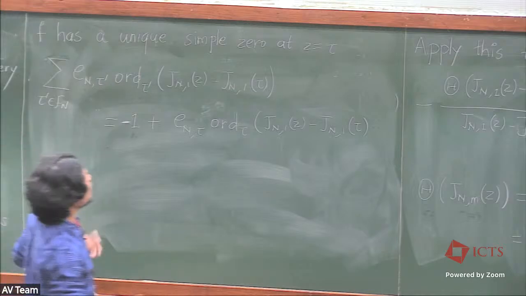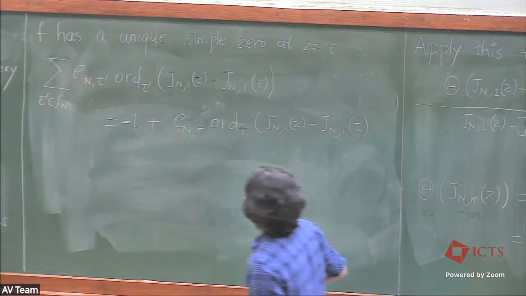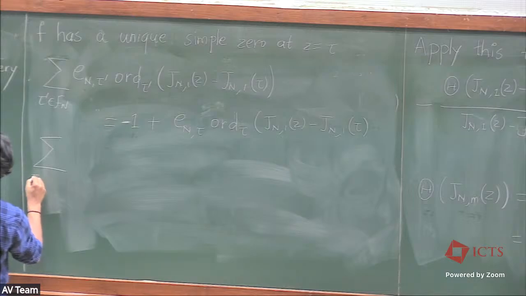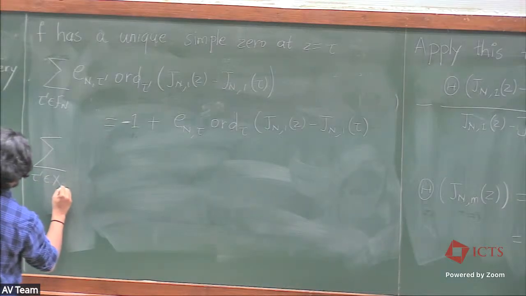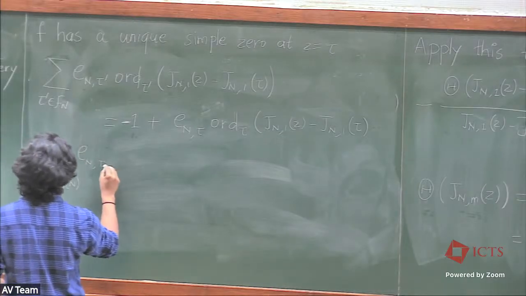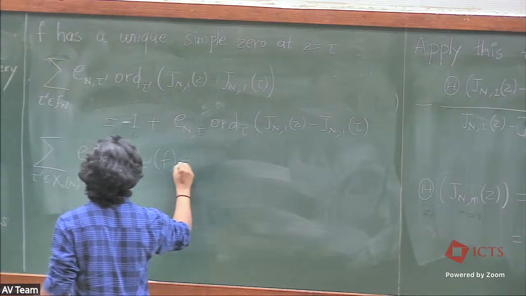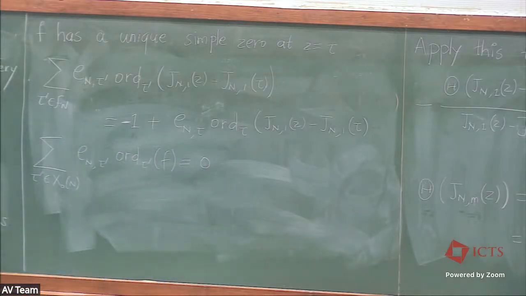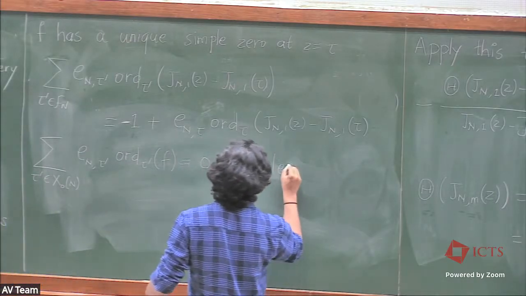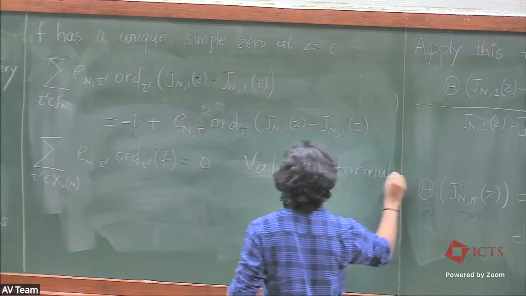And now the valence formula tells me that this whole sum has to be equal to 0. This is the valence formula, only for weight 0 modular forms.